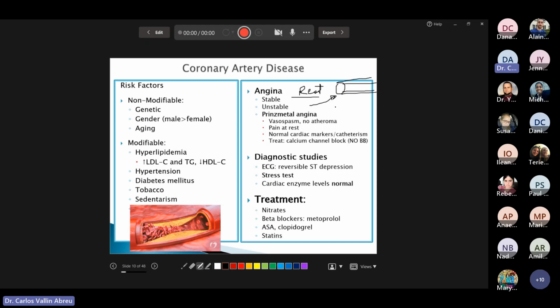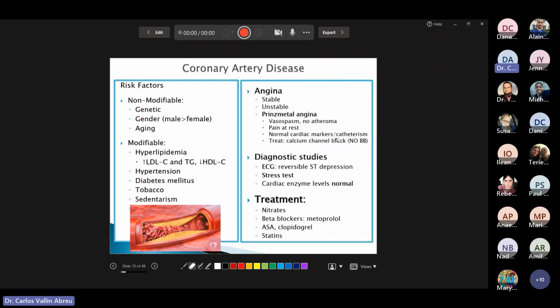So they conclude that what those clients are developing is that in certain moments the coronary artery develops a vasospasm and becomes too narrow because of contraction of the circular muscle. For that reason, they present this pain randomly, because of vasospasm without atheroma, at rest, with normal troponin and normal catheterism, and this is treated with calcium channel blockers.